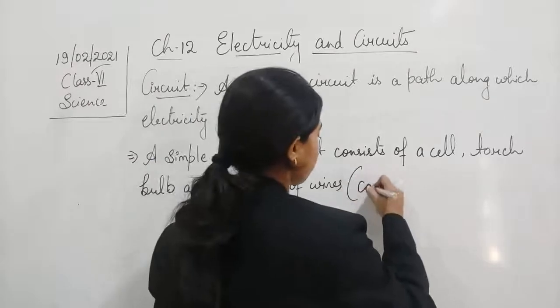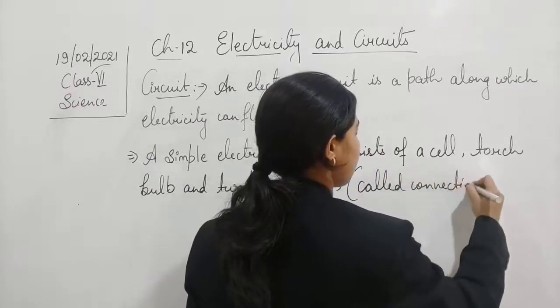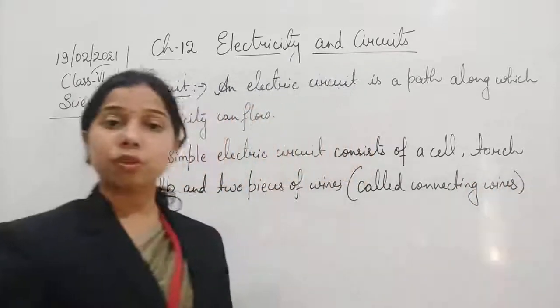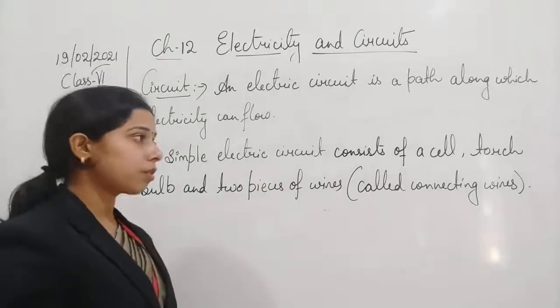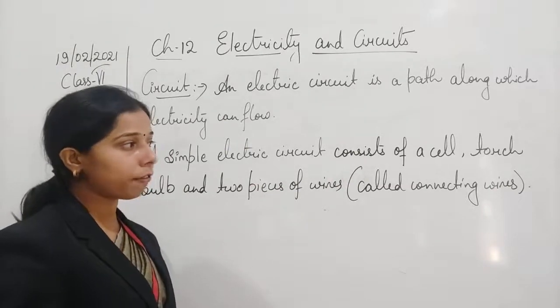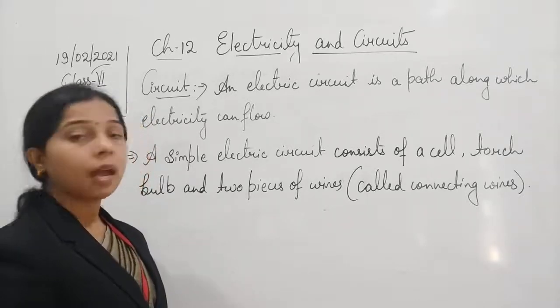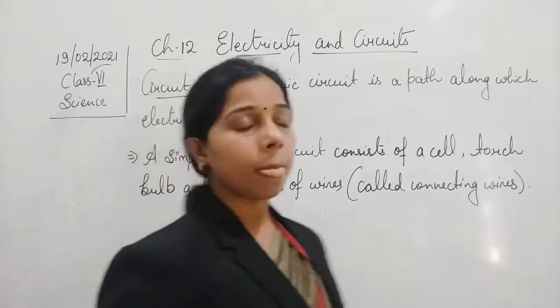This is also called connecting wire. So in an electric circuit, what things are required? A cell is required, a torch bulb is required, and two pieces of wire are also required.